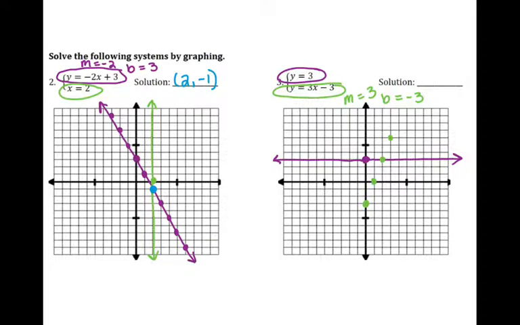But I'm going to plot every single point just because I like accurate graphs. I'm going to draw my green line, and where my purple line and my green line intersect, that is my solution. The ordered pair for that is (2, 3).